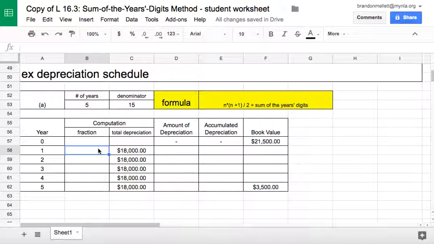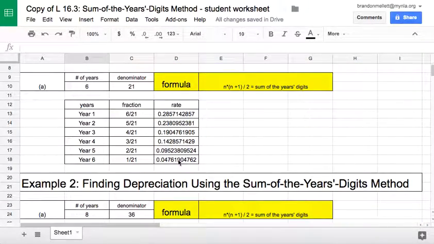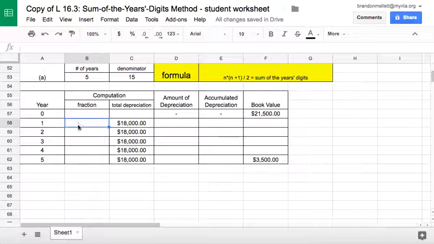And the fraction is going to be those numbers that we did when we found out in example 1, these different rates. So we would go 5 over 15. We would go 4 over 15. And actually these should not be percentages. So I'm going to change that out real quick here, put a blank cell in there.